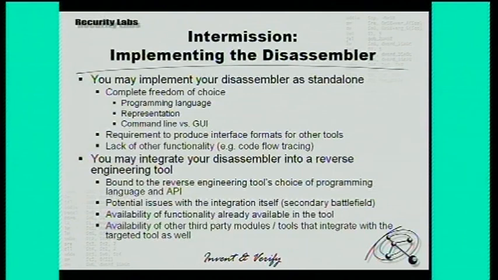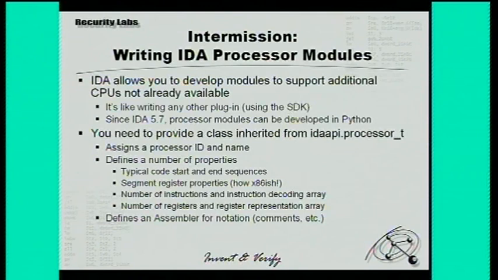That means you're bound by whatever choice of programming languages they provided and the API. You have potential integration issues, and with IDA you will. Availability of the functionality that you already have in IDA, however, might help you later on. So I opted for the second, so I actually had to write Python.